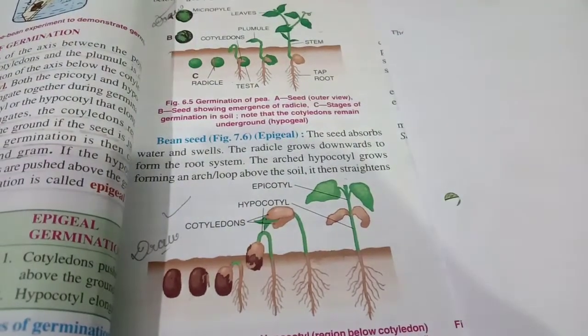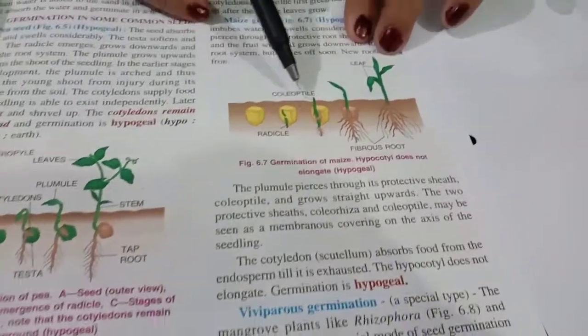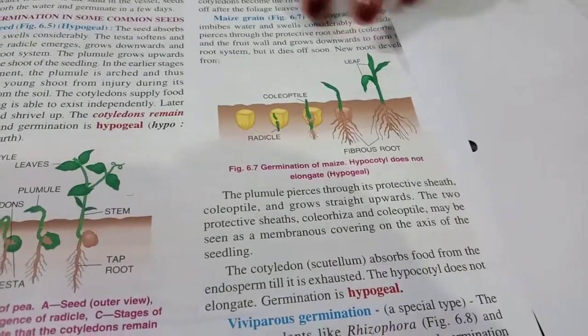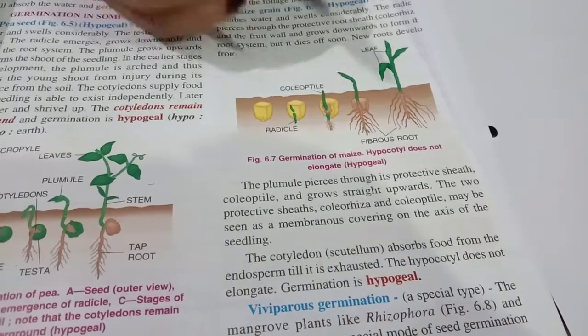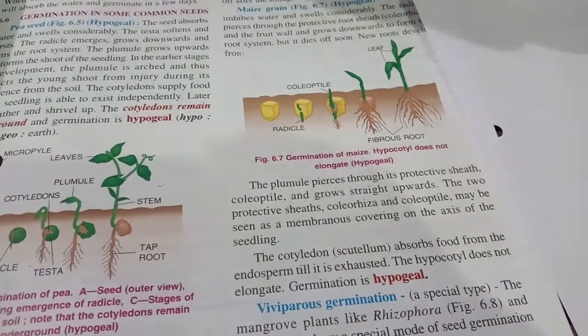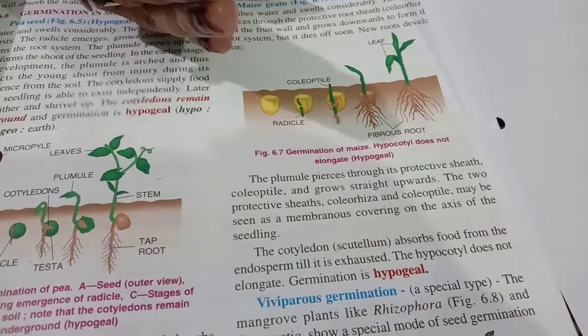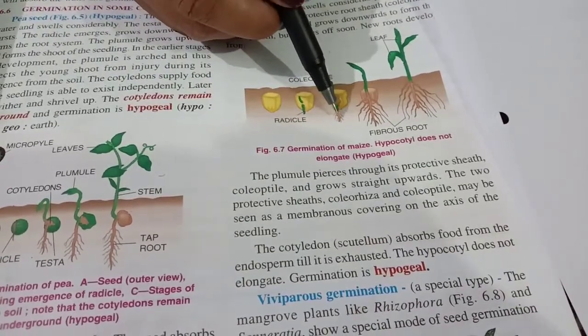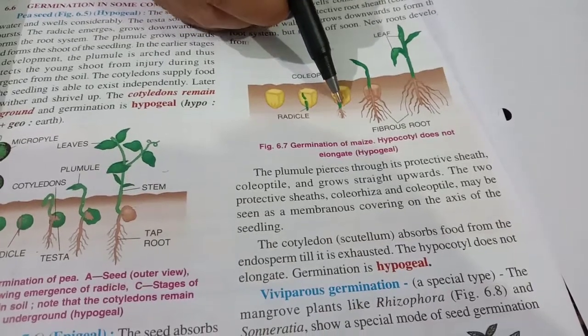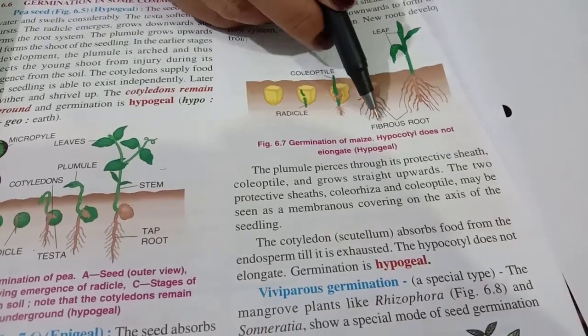Now, what happens in the maize seed? You can see the diagram here. See, what happens in this case? The radicle and the plumule are covered by a protective sheath, coleoptile and coleorhiza. So, the radicle will pierce through the protective sheath, coleorhiza, and grow towards the soil.